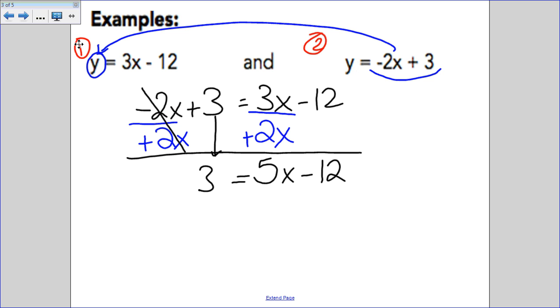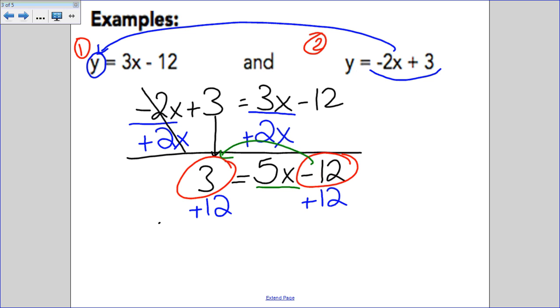Again, I want to solve just for x. This is just a multi-step equation. I need to combine my numbers. Since I have x's over here, I'm going to move my numbers to this side of my equal sign. So if it's negative 12, I'm going to add 12 and add 12.